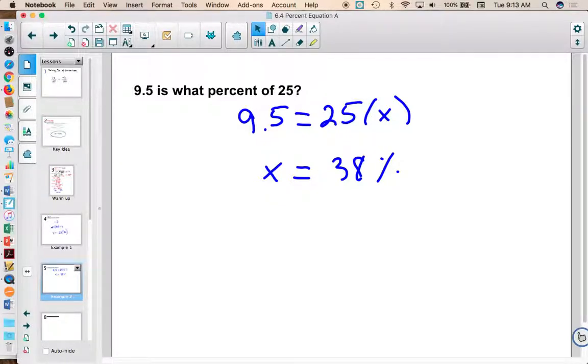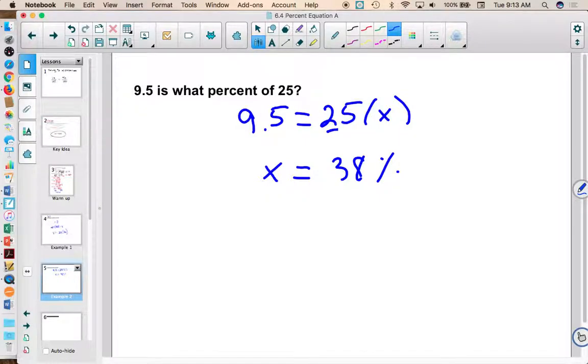To solve it, you divide it by 25, right? Why? You're absolutely right. Why? That's the part that's confusing them for some reason. Why? There you go. Look at it. I gotta solve for x.